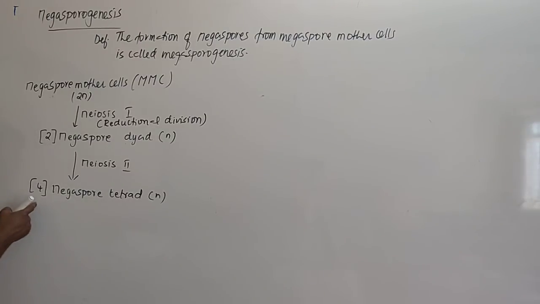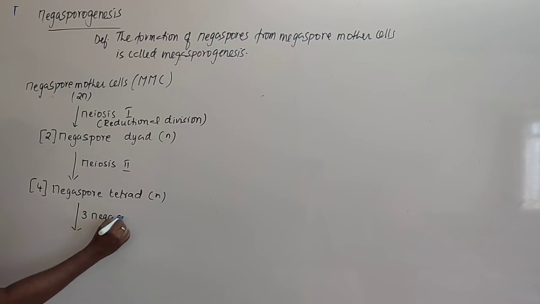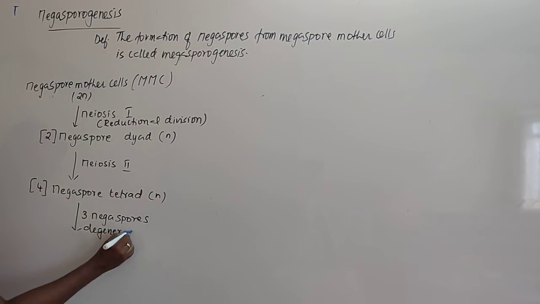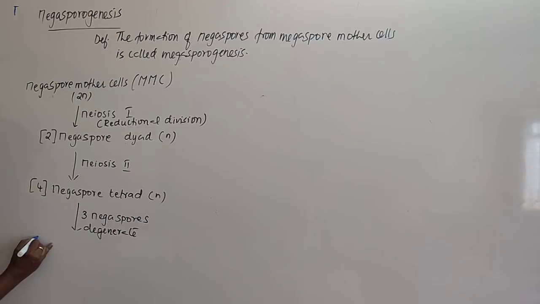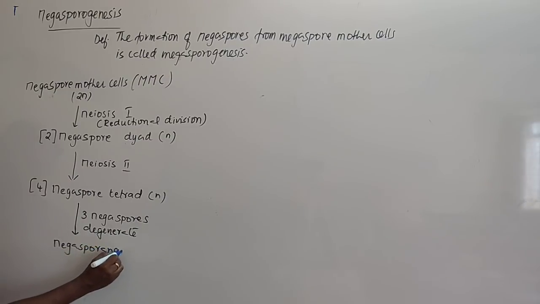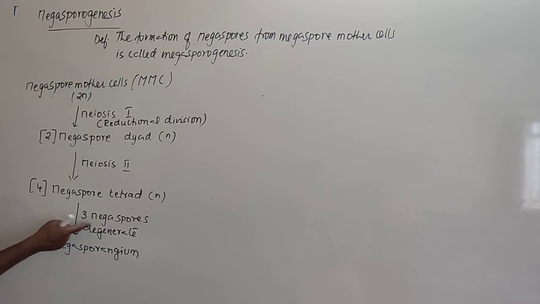Out of the four megaspores, three degenerate. Only one megaspore develops into the megagametophyte. So out of the four, three megaspores will degenerate, and only one megaspore will develop.